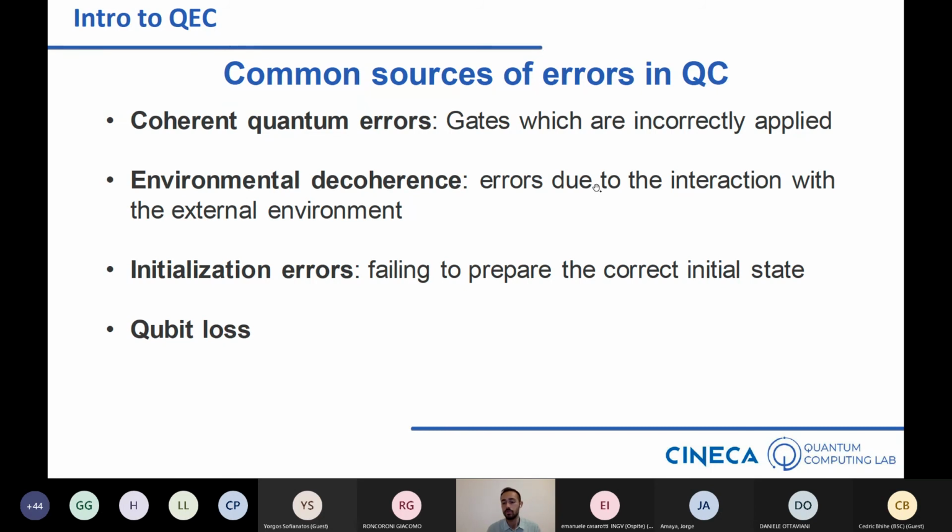There are also some recent techniques that use machine learning to estimate the noise in the device, and then subtract it, in order to take into account the fact that you have this kind of noise inside your computation.